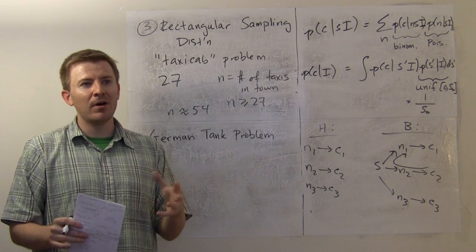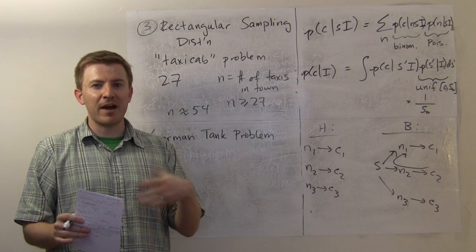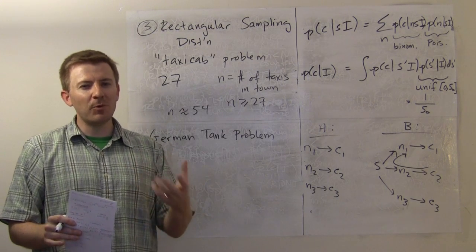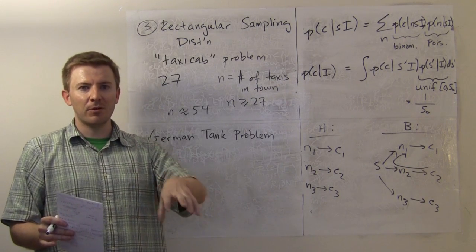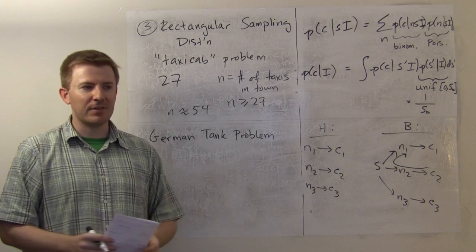So they basically didn't know how many tanks the German factories were producing, but they really wanted to get a good estimate for how many there might be of a particular type in a particular location at that time. So basically how many were coming off the assembly line each month.